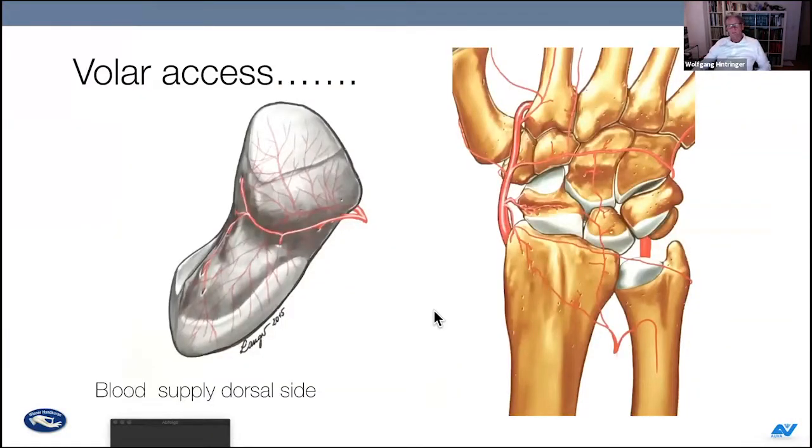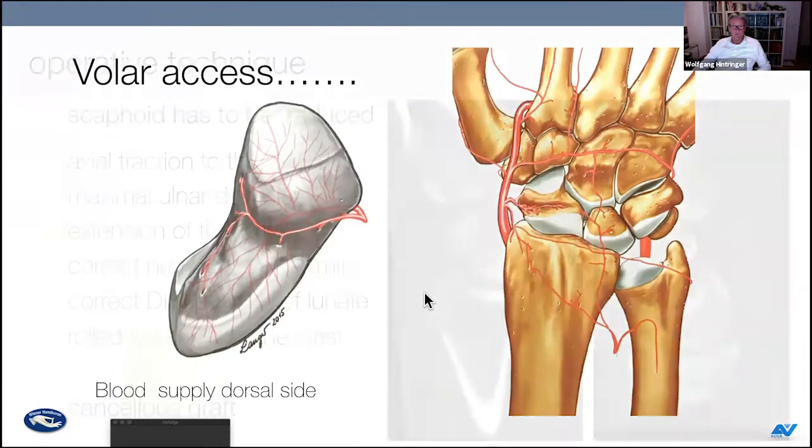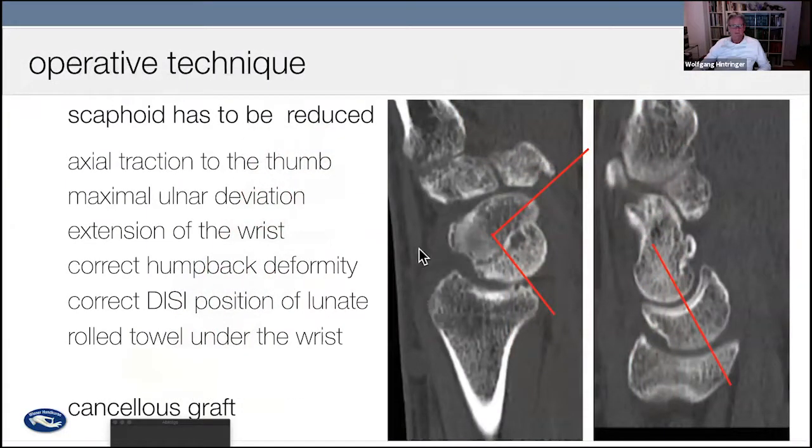So how do we mount that plate from a volar access? Because, you know, on the dorsal side is the vascularity, and we should not impair that zone from the dorsal side. And what have we to know?